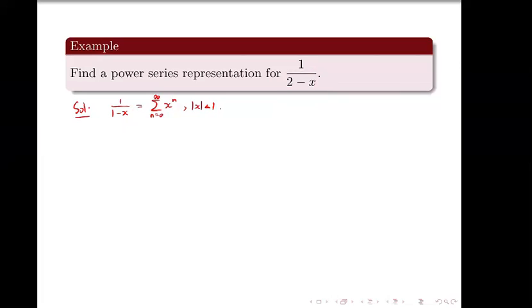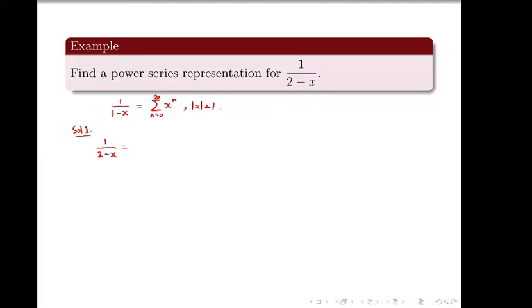We'll do it in two ways. This is one way. Let's have here solution 1. We have 1 over 2 minus x.